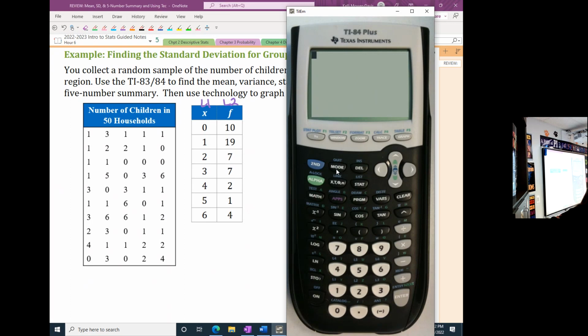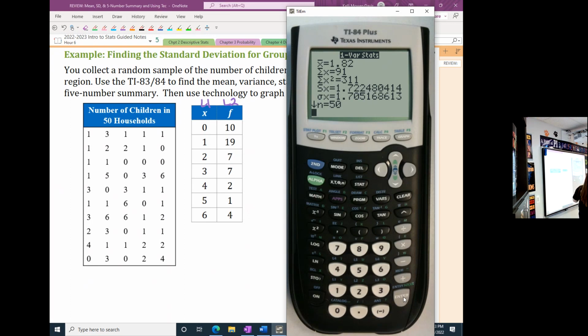Now we run my 1 variable stats. So stat, calculate, 1 variable stats. L1, L2 are in there. Calculate it. I've got my mean. There's on average 1.82 kids per household. I've got my sample standard deviation, 1.72. If this was a population, it would be 1.71.